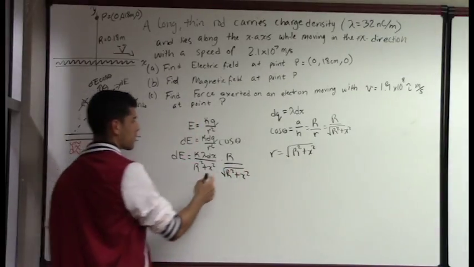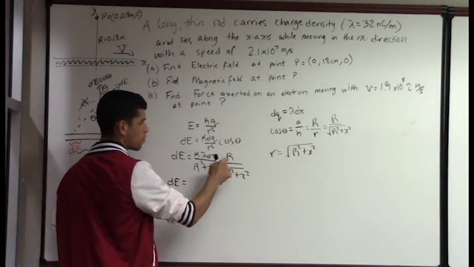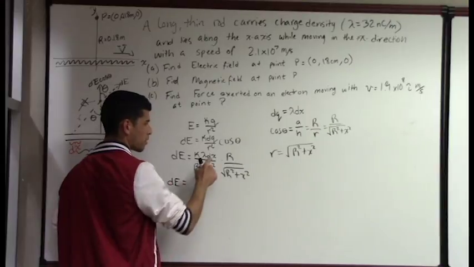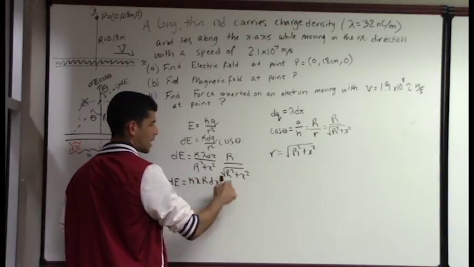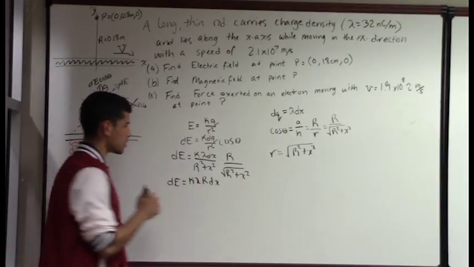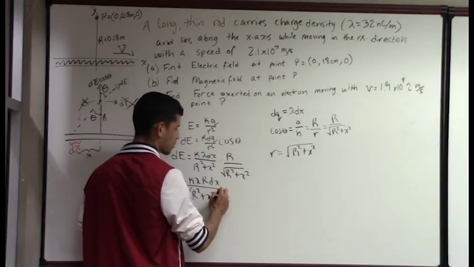We can then simplify this further by moving our constant in front of the integrand, and multiplying the two terms in the denominator so that we have r squared plus x squared to the 3/2.